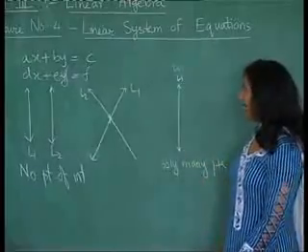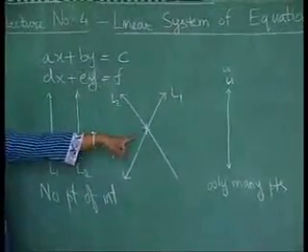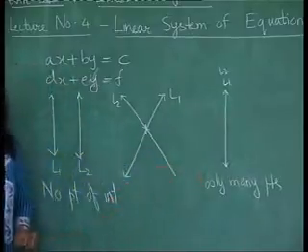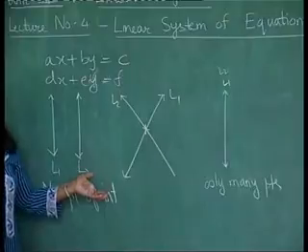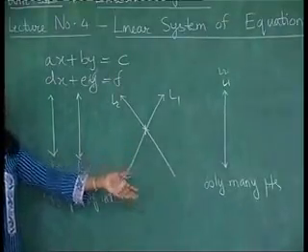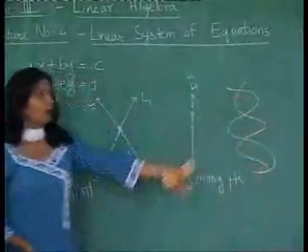So when two lines intersect, there are only these three possible cases: no point of intersection, exactly one point of intersection, or infinitely many points of intersection. Notice that it will never be possible for two lines to intersect in exactly 4 points or exactly 5 points. That's simply not possible unless you have something like this, then it would be possible.